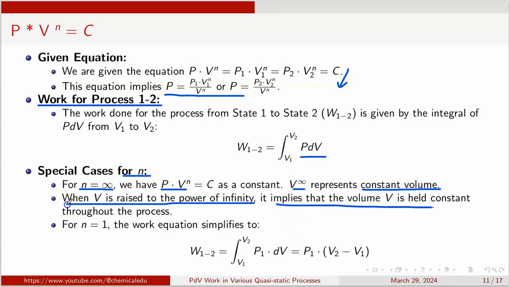It implies the volume is held constant throughout the process, so if volume is constant there is no work. Now for n equal to 1, the work equation simplifies to the integration from V1 to V2 of P1 dV, so P1 into V2 minus V1. So for n equal to 1, work done is P1 into V2 minus V1.